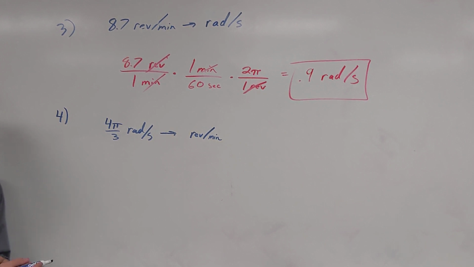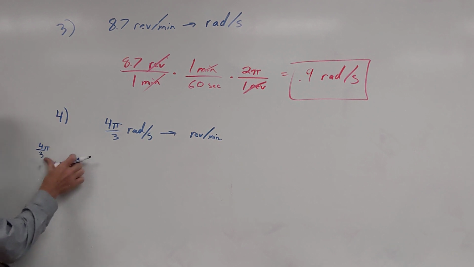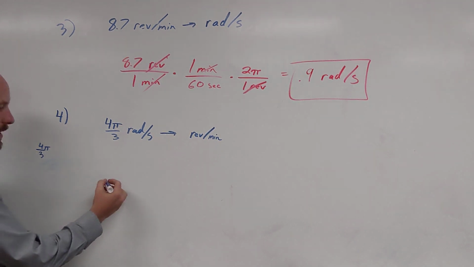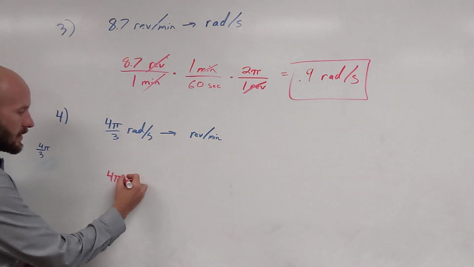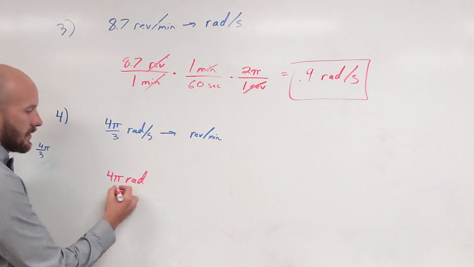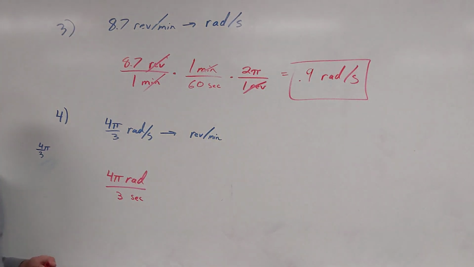So does it make sense that I could do 4 pi over 3 radians in 1 second, but it would be the same as 4 pi radians divided by 3 seconds? Yeah, so that's perfect. It'll be the same unit rate. If you divide it by 1, it's going to be the same thing. Right.